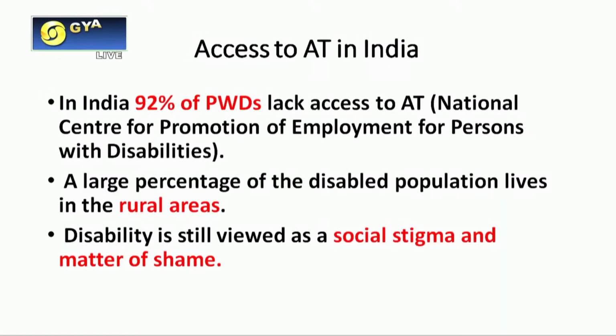Once again, we come back to the very important issue of social stigma. This is something that we cannot emphasize enough. Because disability is still viewed by many sections of the population as a matter of stigma, a matter of shame, we find that persons would not actively seek to access assistive technology. We know that in many families who have a child with disability, they may not want to expose their child to the world.